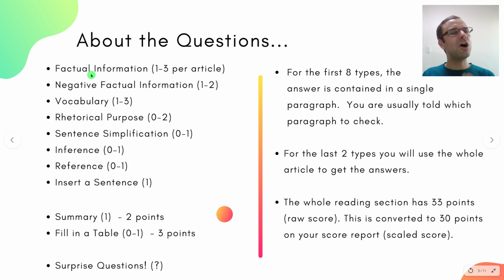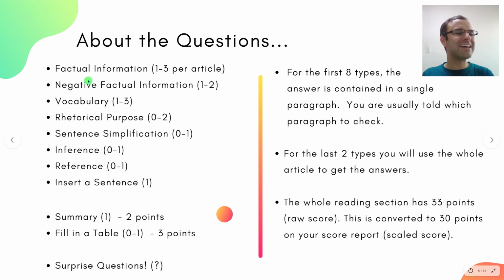One of the most common types is called the factual information type, and you might get between 1 and 3 of these per article. They're very common. These questions require you to identify a detail which is actually mentioned in the article. So you get 4 to choose from, and you have to pick the one which is actually in the article.